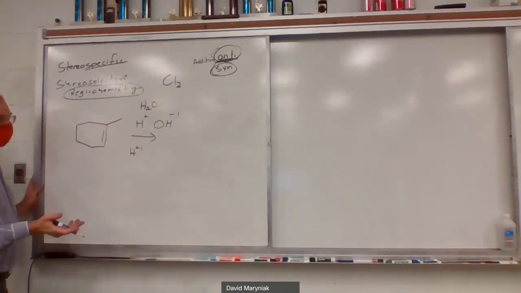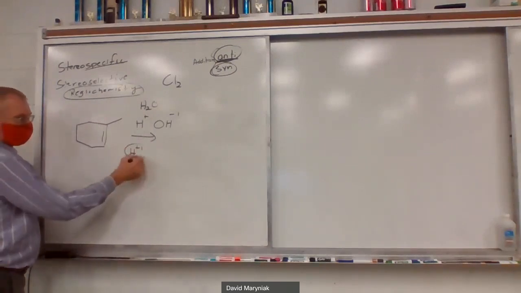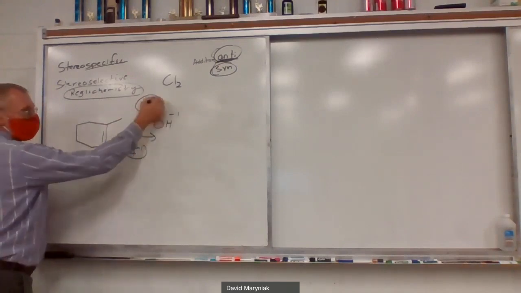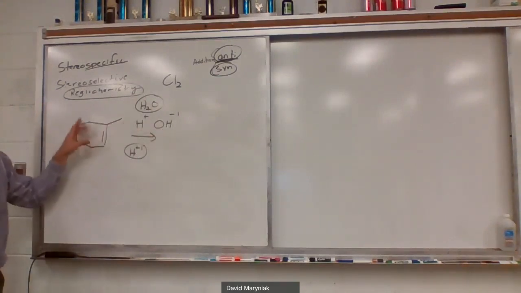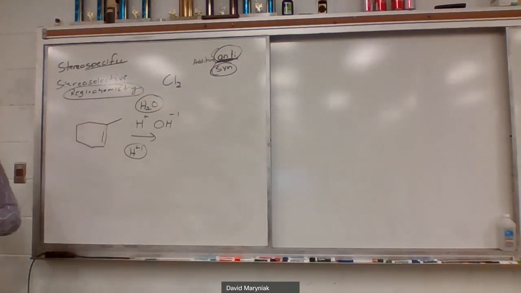This is going to be an example of acid catalyzed hydration. If we do acid catalyzed hydration of an ene, you're going to add H and OH across the double bond. And if you're going to add H, whose rule is going to apply to the regiochemistry? Markovnikov's. And same question.